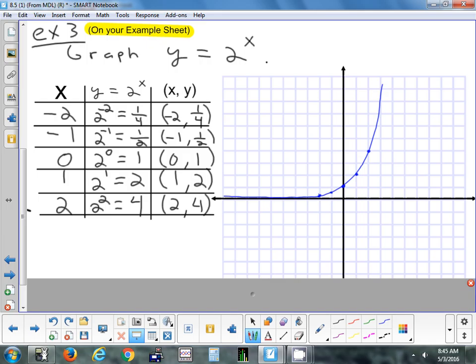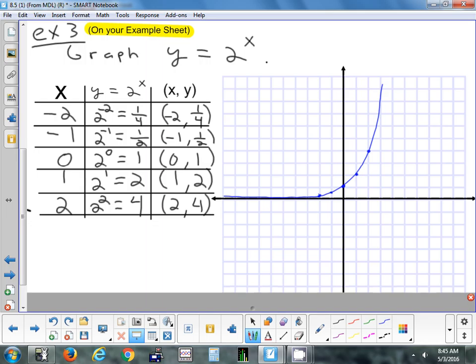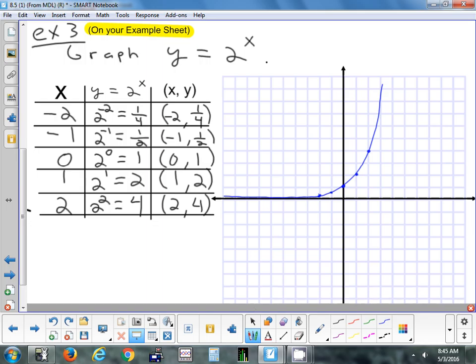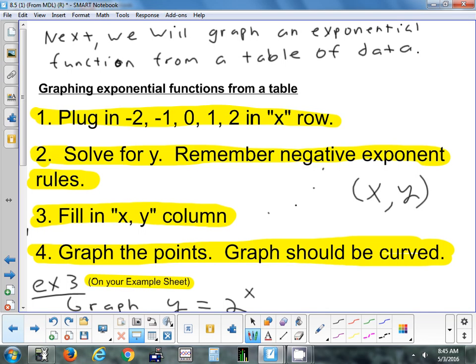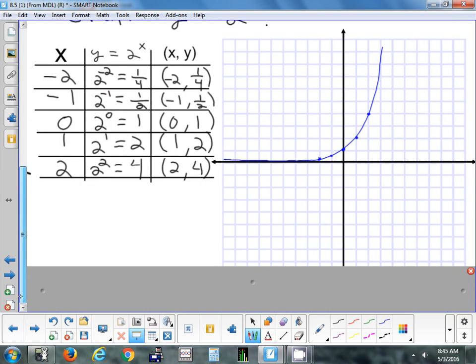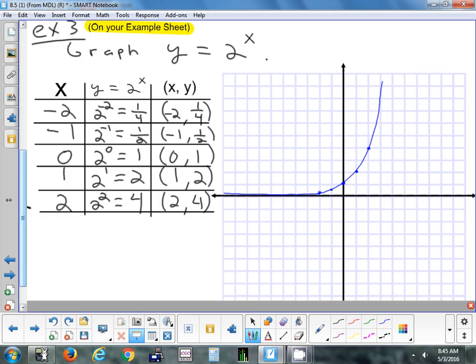Okay, any questions on that? How do you guys feel about graphing an exponential function? Like, it seems okay? Kind of okay, it takes a little practice. Right, we're going to look at a few graphs now.